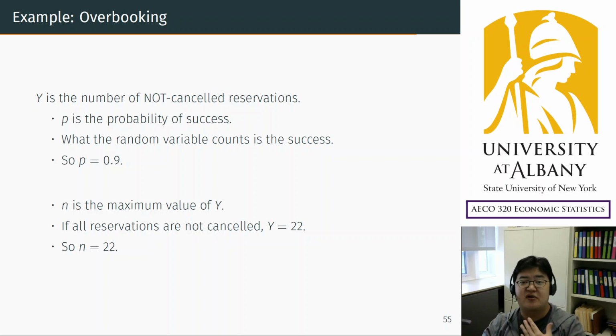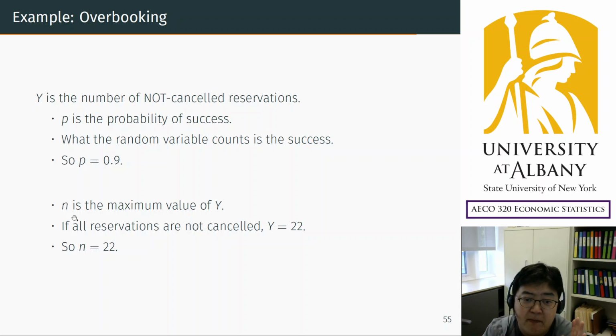On the other hand, n is the other parameter, and n is, in our assumptions, the number of trials. But an easier way to find this parameter is the maximum number of Y. In this case, there are 22 reservations, and we are counting the number of non-canceled reservations, the passengers holding the tickets.